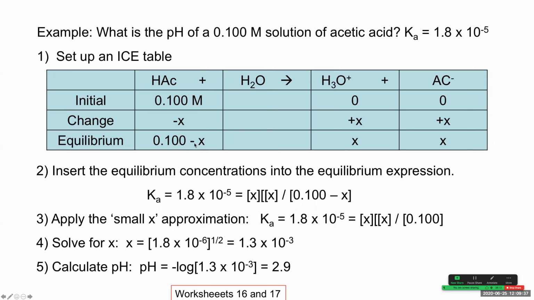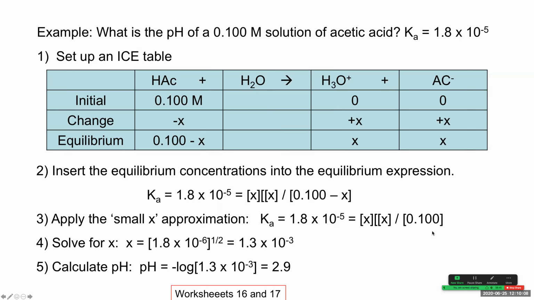In our equilibrium calculation, we're just going to say the x is insignificant and put 0.1 in our equilibrium expression. So we have x times x, because these are products, x squared over 0.1 minus x. Then with our small x approximation, we get x squared divided by 0.1.